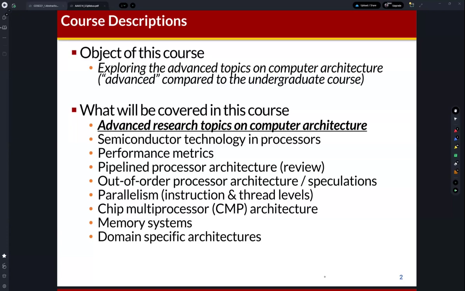I know that this is a basic course for graduate students in the computer engineering department, and this course is included in the graduation exam, 종합시험. That's why I believe you are taking this course.